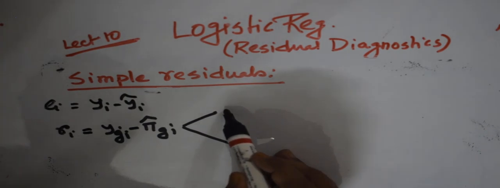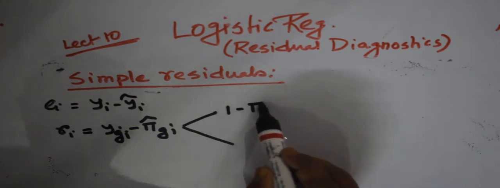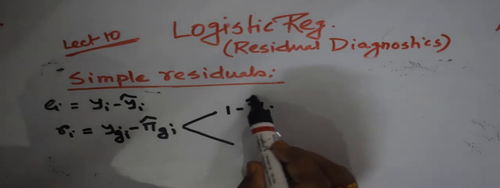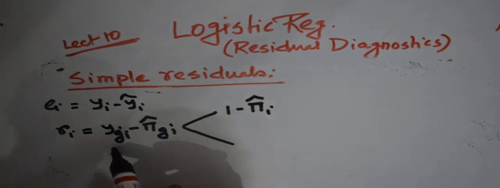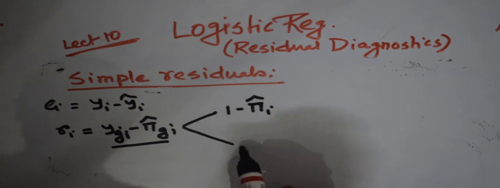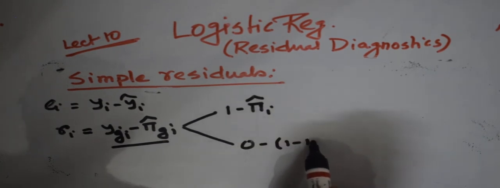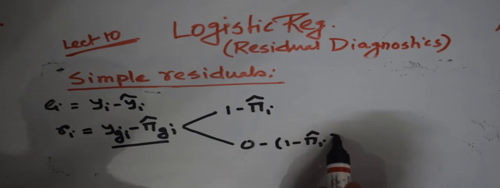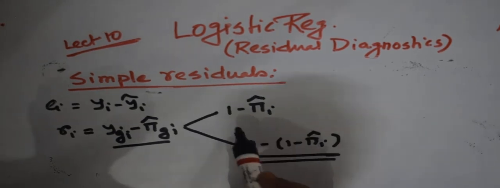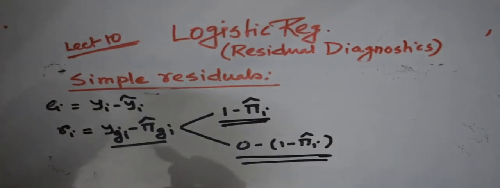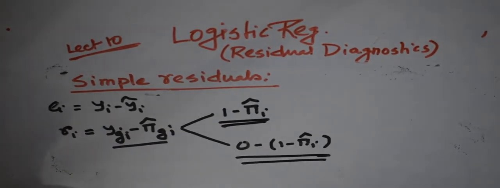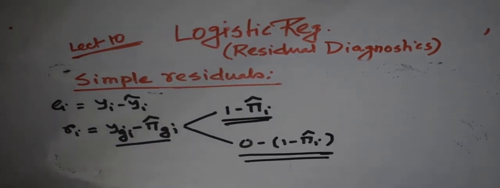If yi takes 1, then it is 1 minus pi i hat, and when yi takes 0, then it is 0 minus pi i hat. So here the residuals are more difficult to define.